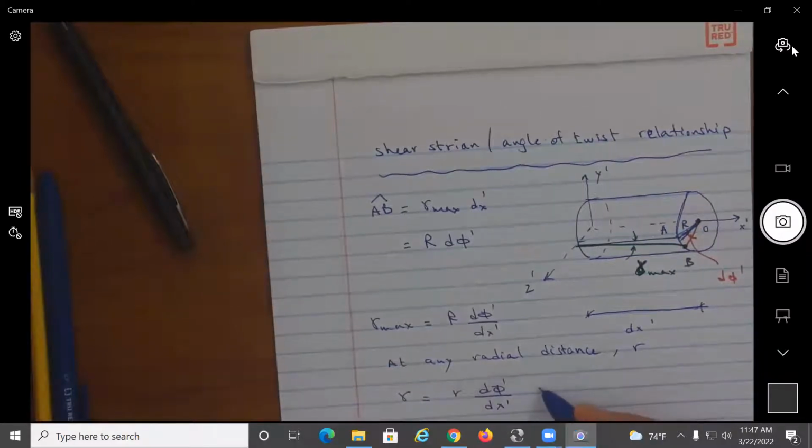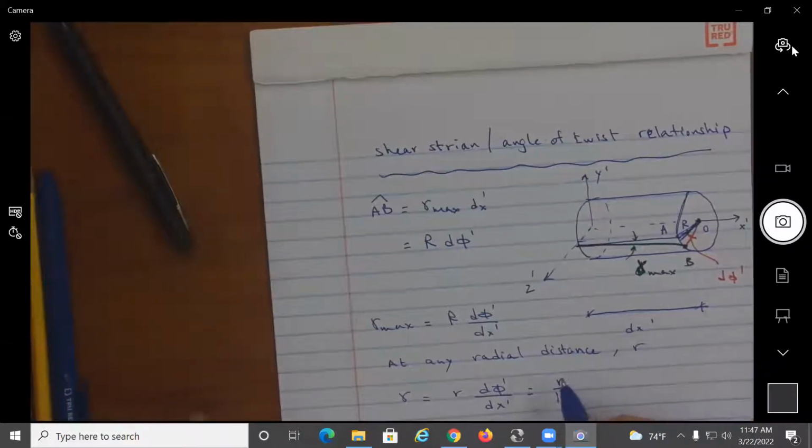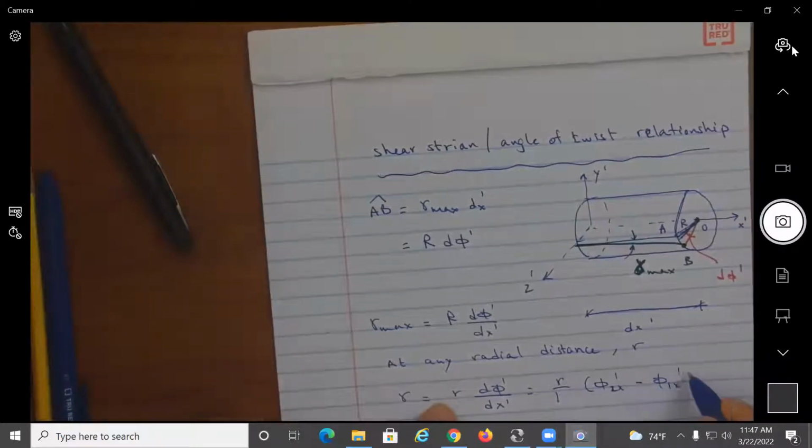D phi prime by dx prime I can express as the change in angle over the length. So I can write it as phi 2 x prime minus phi 1 x prime, divided by L.